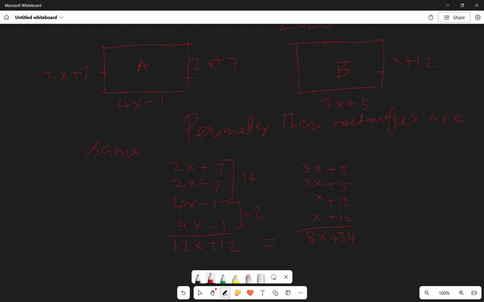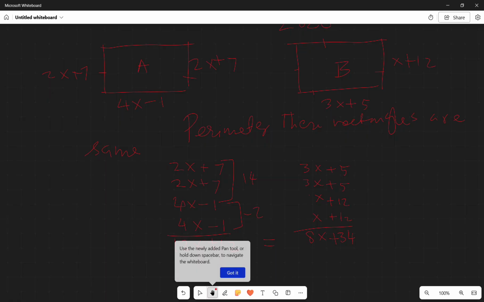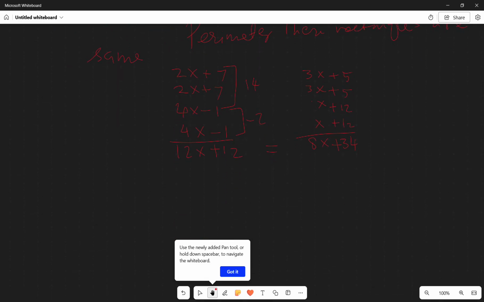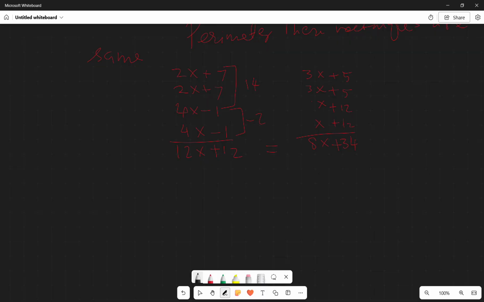The examiners say the perimeters for these rectangles are the same. So how do we work this out? Very simple. Look at this one. The x values are here: this is 12x and this is 8x.